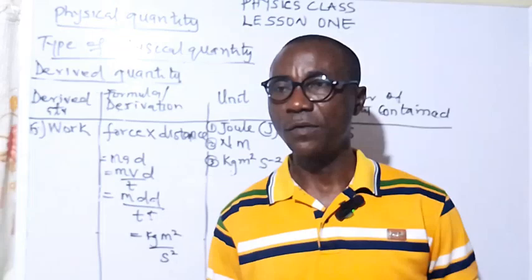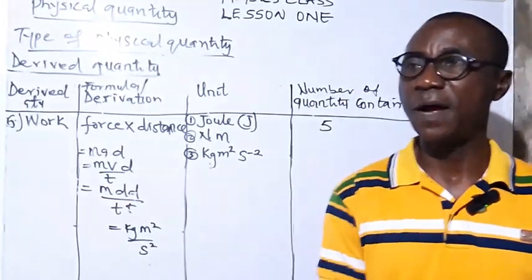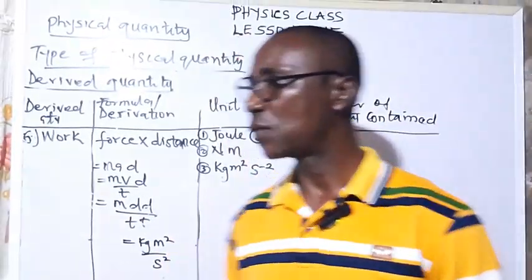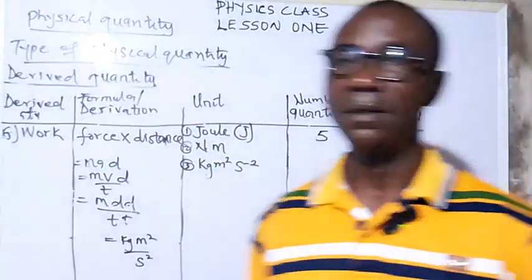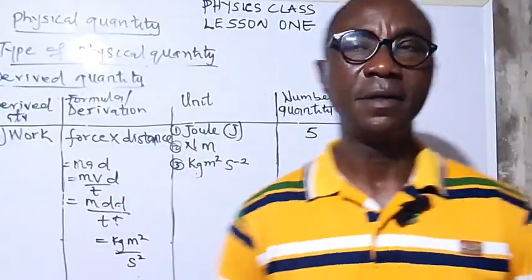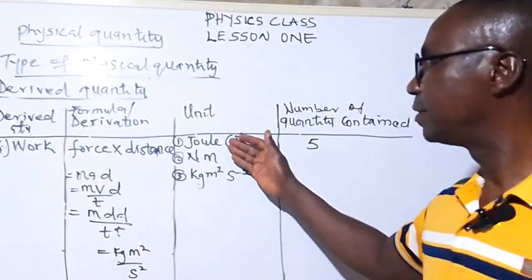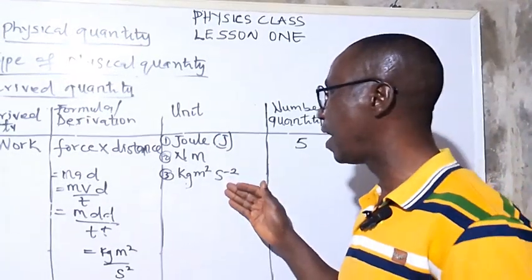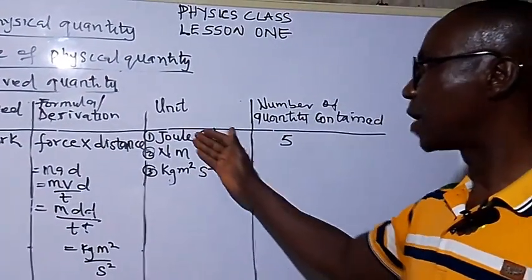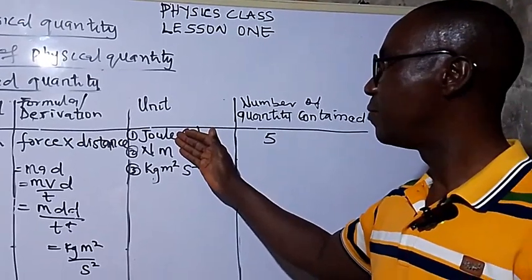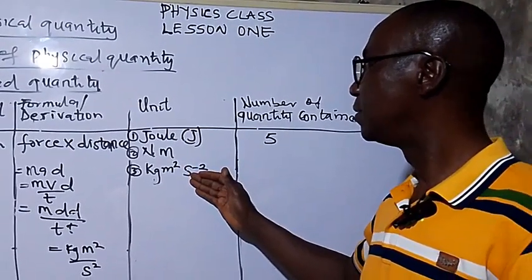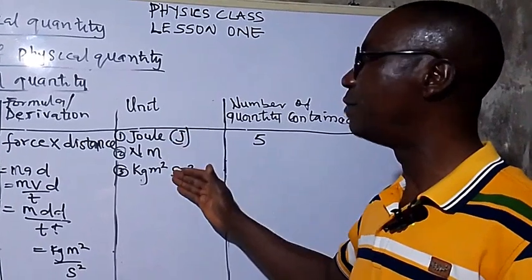Now, from what we've done so far, serious questions can be asked, especially under this work. The first question is that all the following are units of work, except. You can see that work has more than 2 units, a minimum of 3.